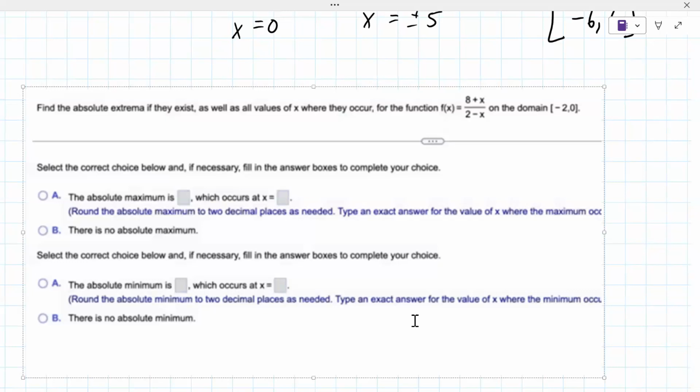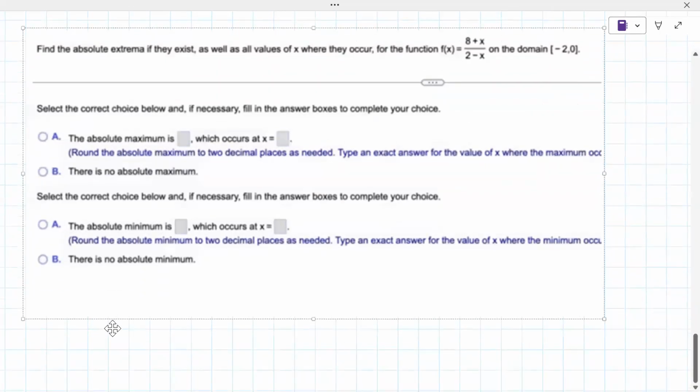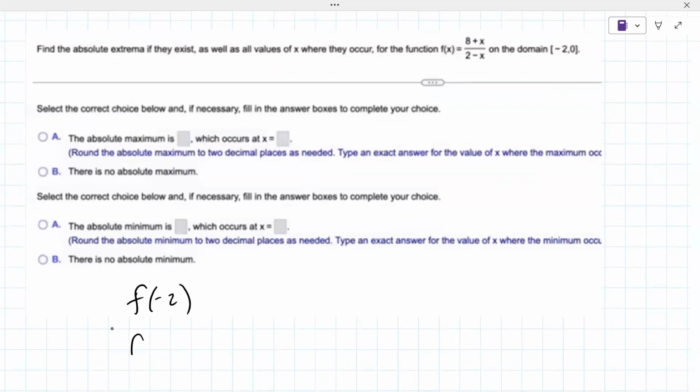You want to try f of negative 2 and f of 0. So for negative 2, it ends up being 3 over 2. F of 0 ends up being 4.